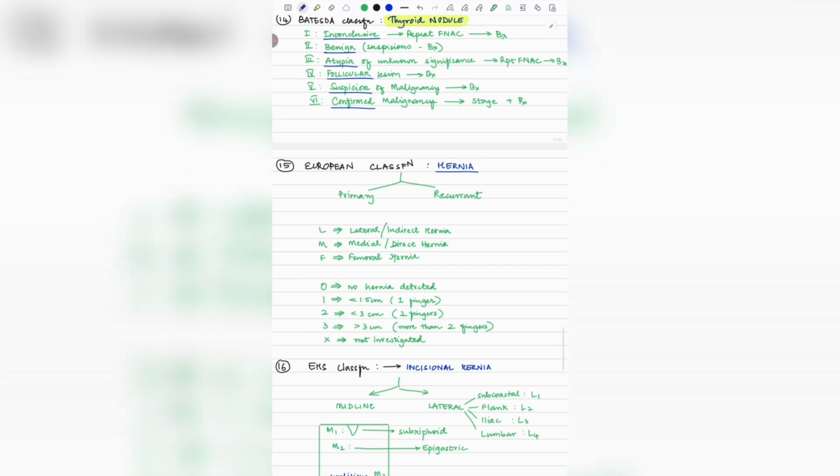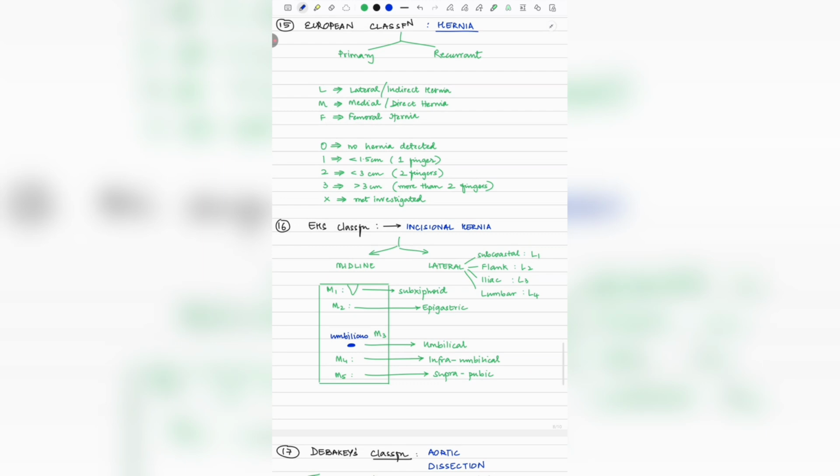Okay, next is 15. This is the European classification regarding the hernia. Hernia has two classifications: the primary classification and the recurrent classification, that is the European classification. Here again, first they are going to see whether it is direct, indirect or femoral hernia.